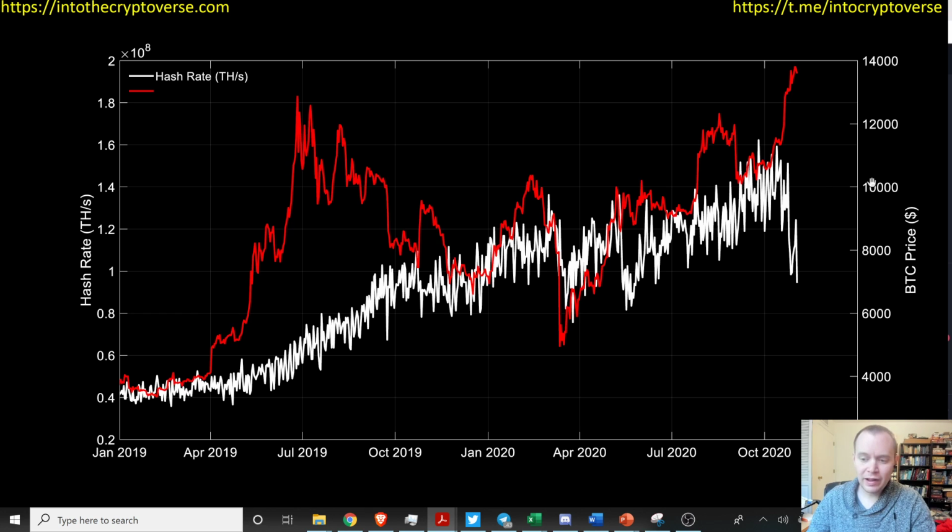If you overlay the price of Bitcoin on the secondary y-axis and put it on a linear scale, you can see that this hash rate drop was slightly preceded by a drop in the price of Bitcoin. So the price of Bitcoin started dropping first, and then following that drop, the hash rate decreased. This is probably a lot of miners capitulating because at some point they can no longer be profitable.